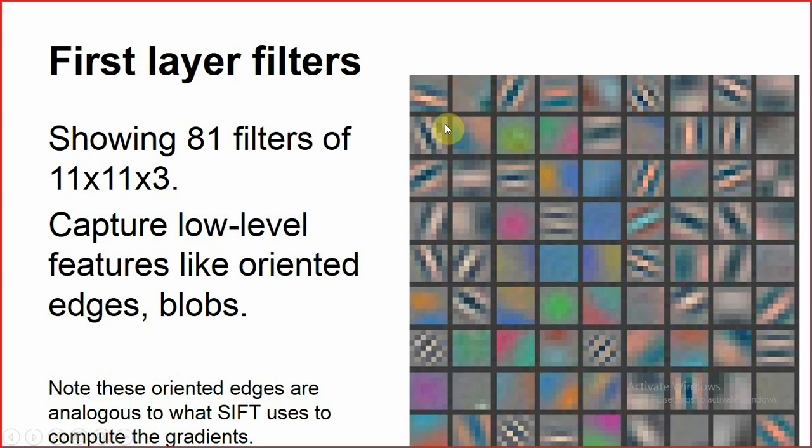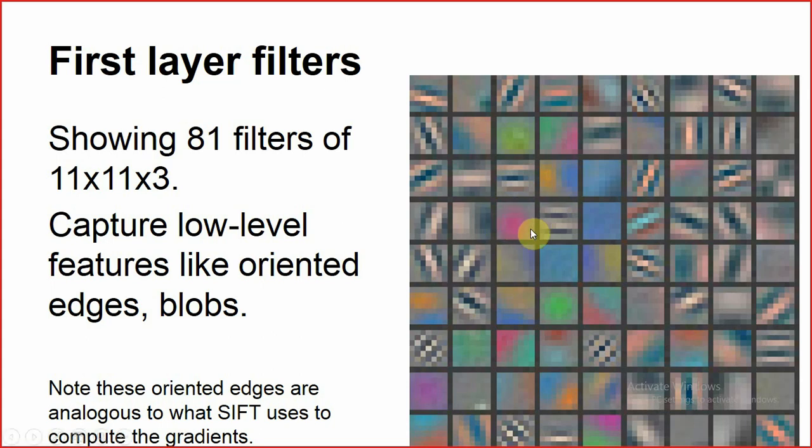Some of them are similar to vertical lines, diagonal lines, horizontal lines, some blobs, some edge detectors. So these are very similar to the famous filters that we learn in image processing.